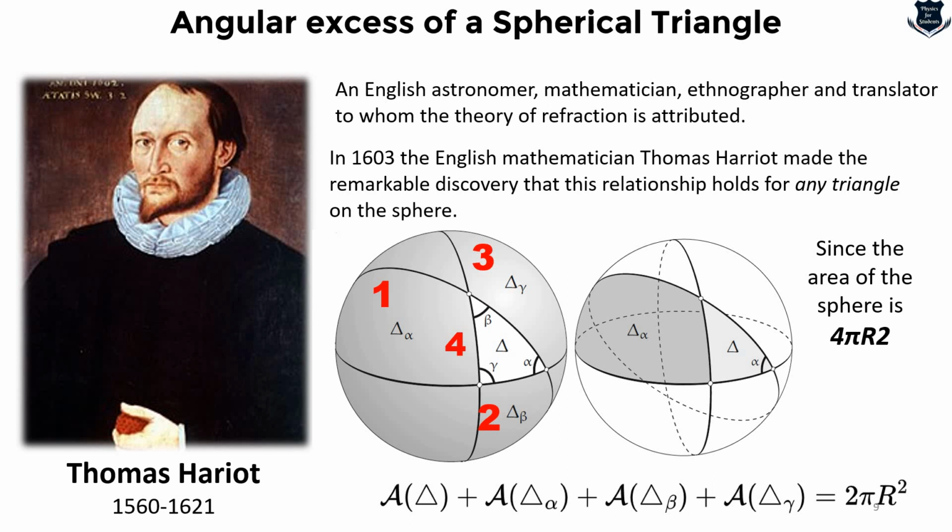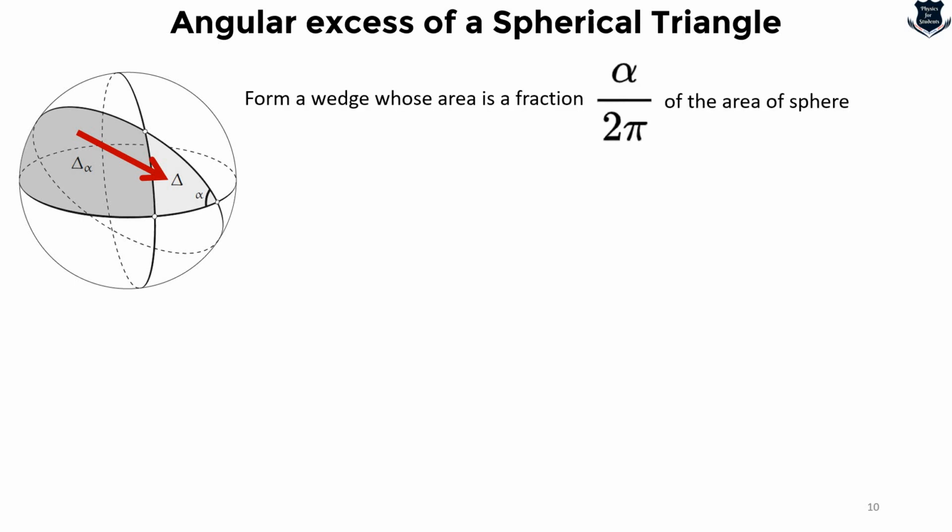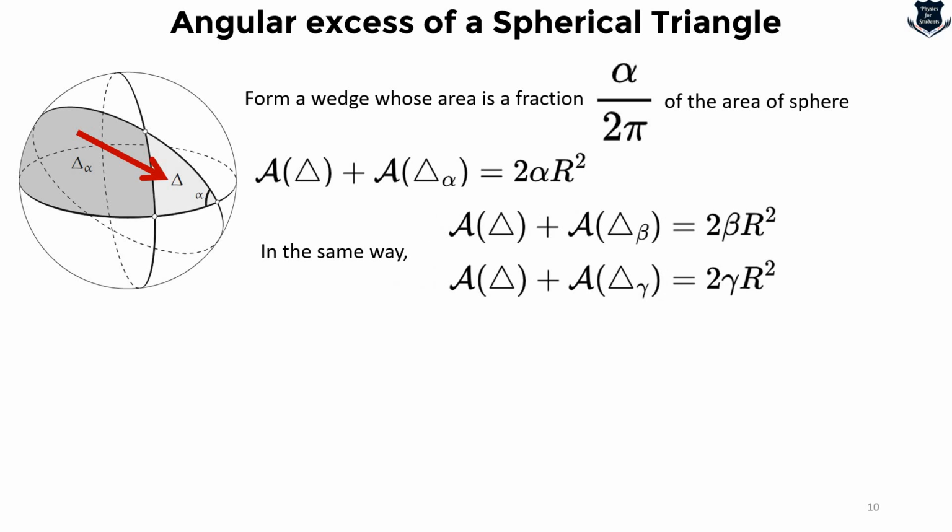Let me show you the animation again: this triangle and the triangle alpha together form a wedge whose area is a fraction, alpha by 2 pi, of the area of the sphere.